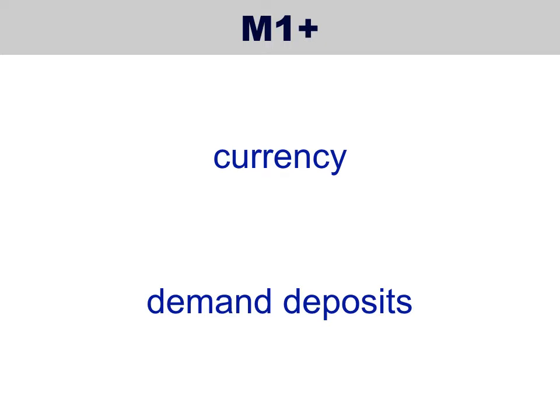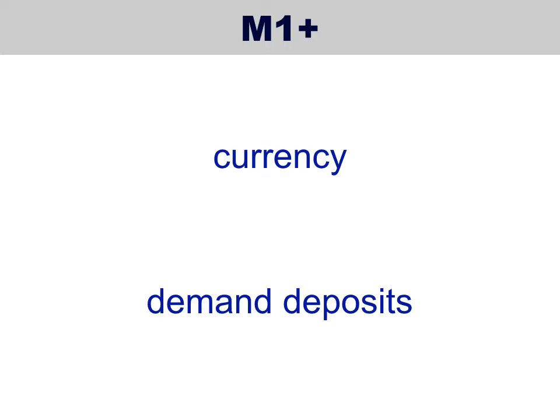So M2 includes M1. Plus, it has a couple other types of money in it. M3 will include the M2, as well as a couple other categories of money. So the lower the category, the lower the number, the more liquid is the money within that category.